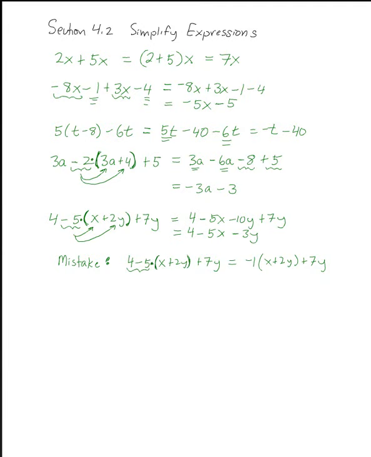You have to do that multiplication before you can do the 4 minus 5. Okay, so it's a very common mistake that I see. And again, it comes down to the order of operations, which I think I told you was one of the most important things you're going to get out of this course, is doing the order of operations correctly. You cannot do the 4 minus 5 first. You need to do the distributing first and take care of that.